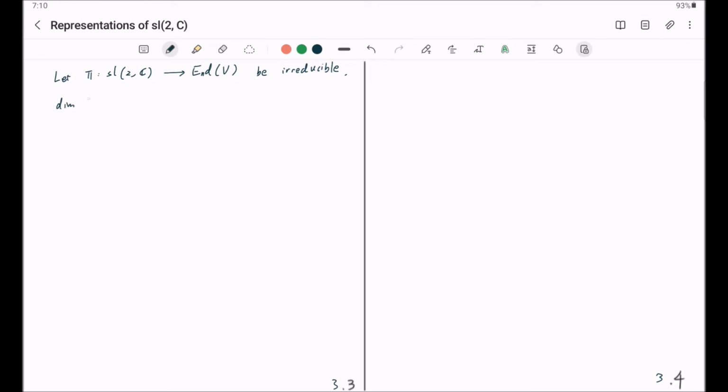Here, the dimension of V is n plus 1. And we are going to construct a basis for V satisfying the properties 1, 2, and 3. To this end, let's start with one vector.